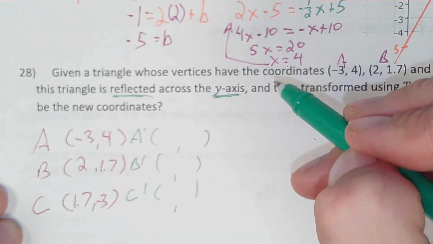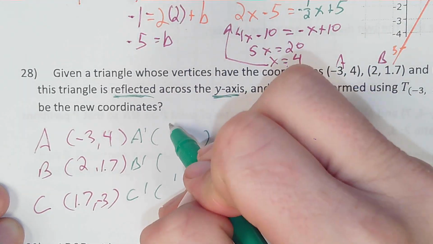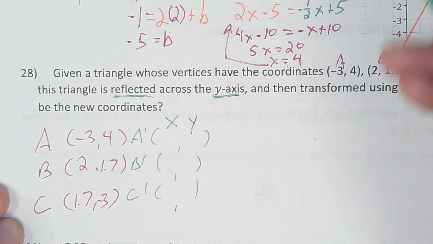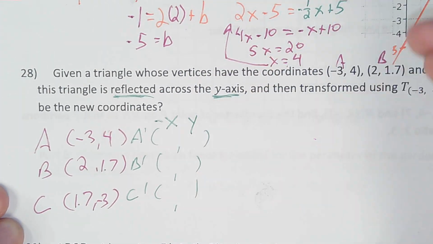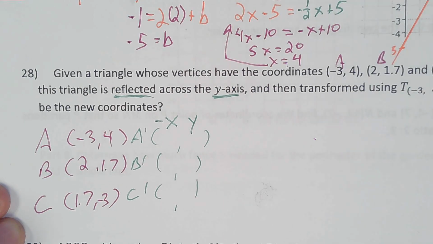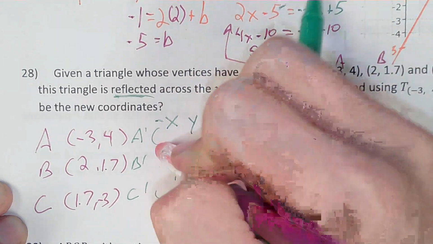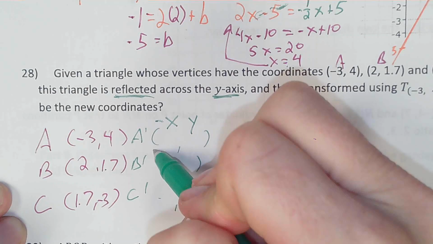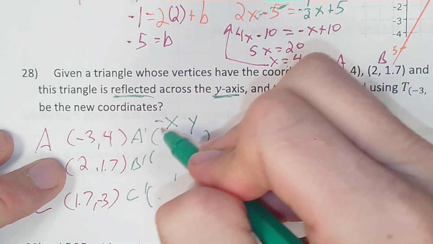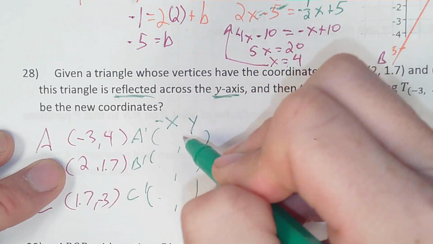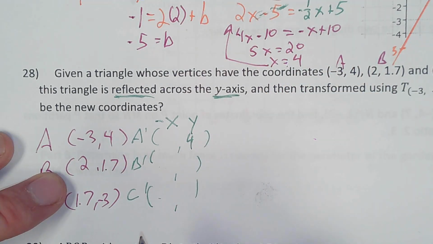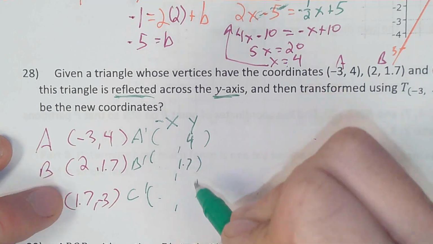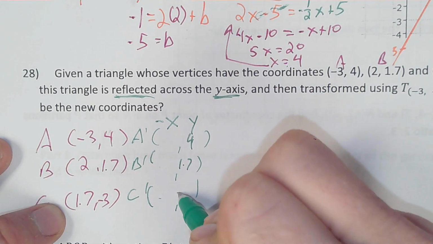So when a reflection is across one axis, one coordinate stays the same. When it reflects across the Y-axis, the X flops. So all the Y values stay the same: 4 stays the same, 1.7 stays the same, and -3 stays the same.